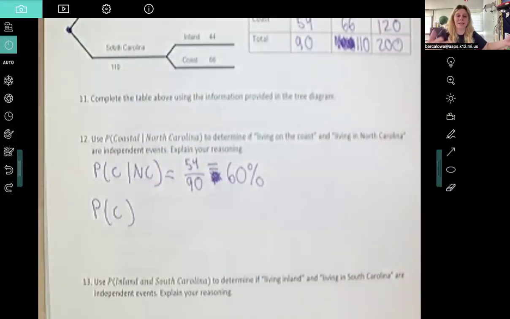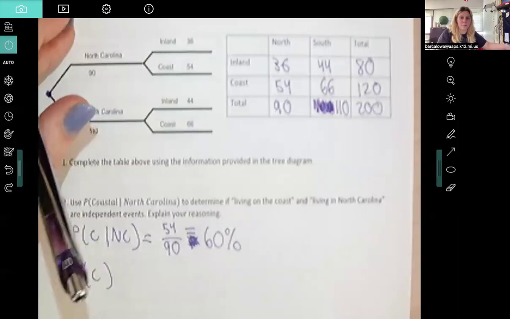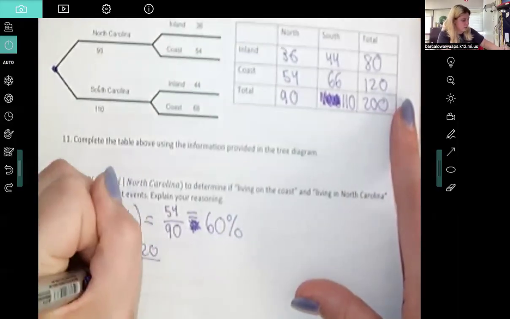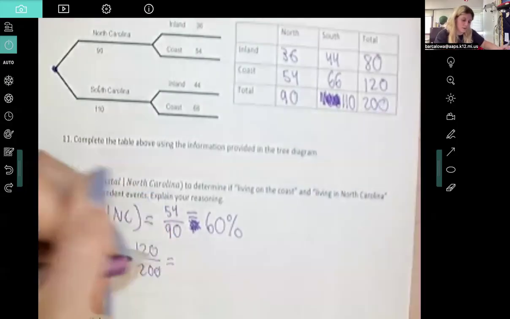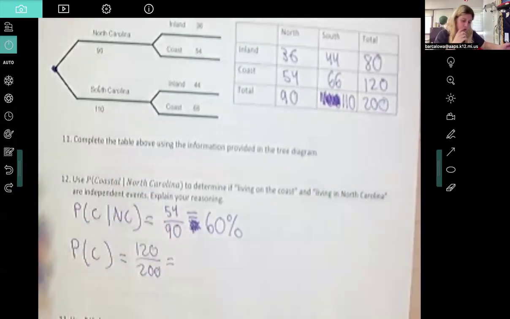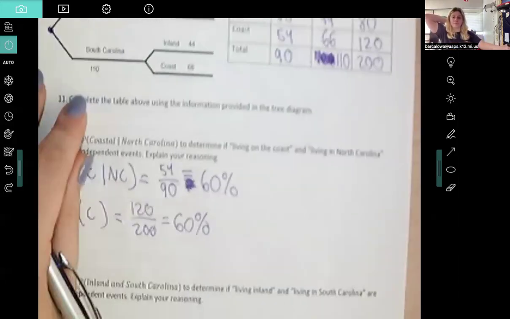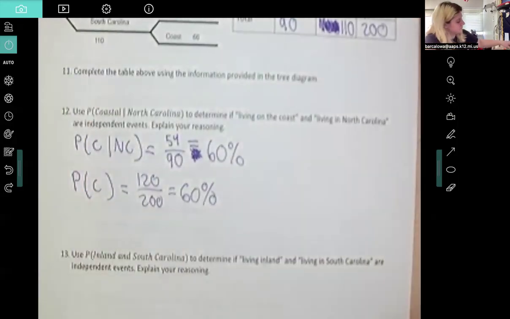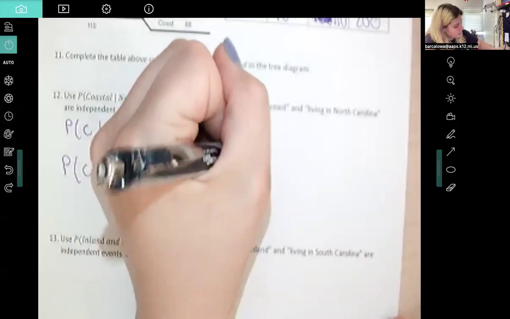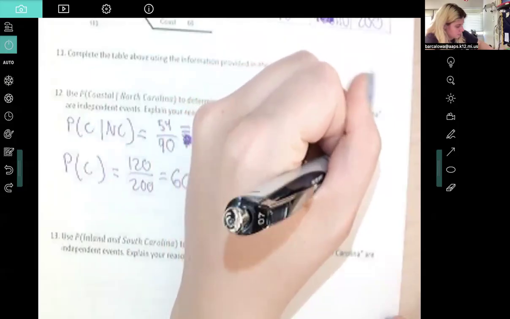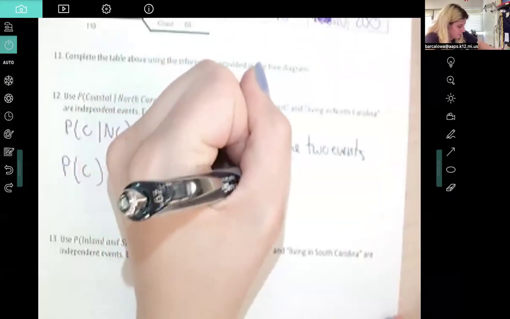The probability of being on the coast in general is 120 out of 200, which is 60%. They are independent. Yes, the two events are independent.